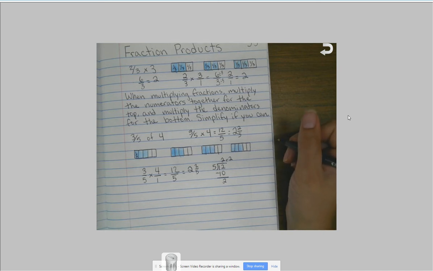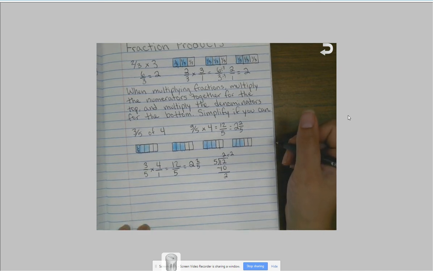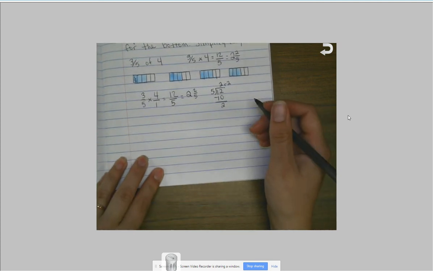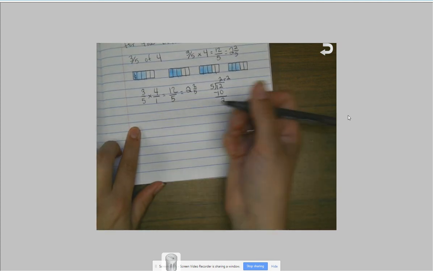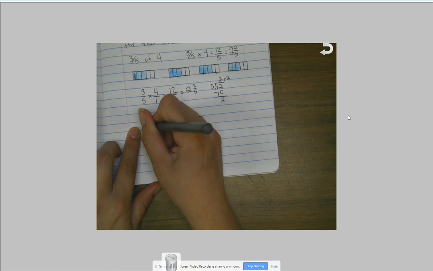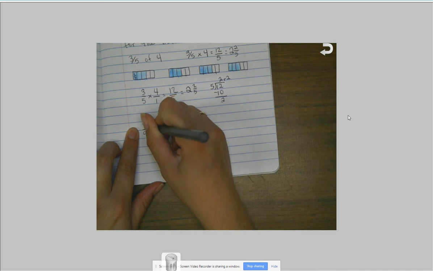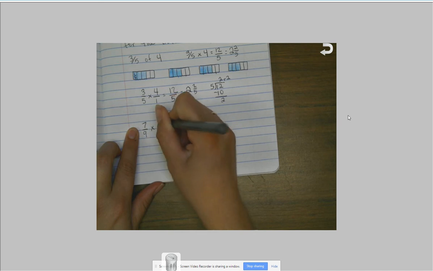Okay, let's just practice a couple just like that down here. Okay, skip a line. Only this time we're not going to draw pictures. So let's do 7/9 times 15.